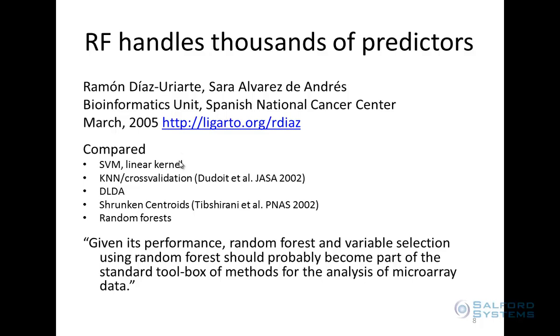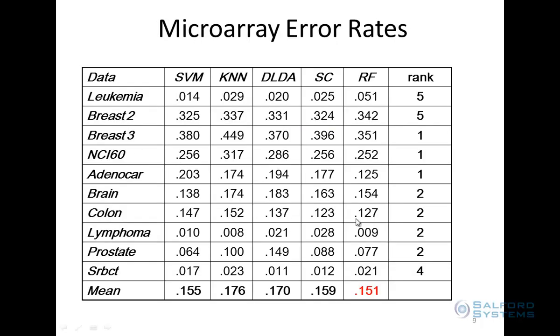And the way they got that conclusion is to look at several of these microarray data sets and run the methods, and what they see is that forest is sometimes the best, being ranked 1 would be the best, and sometimes it's the worst.